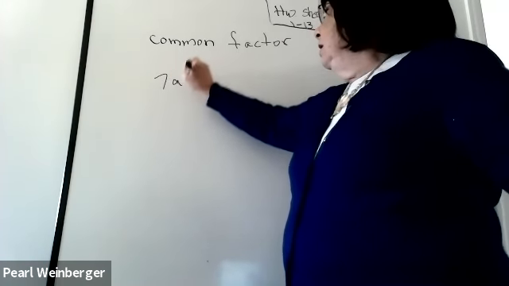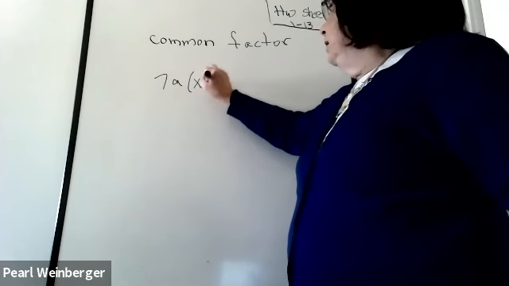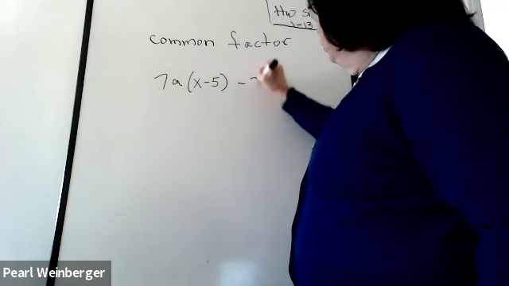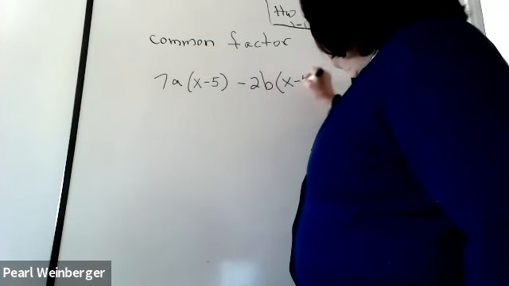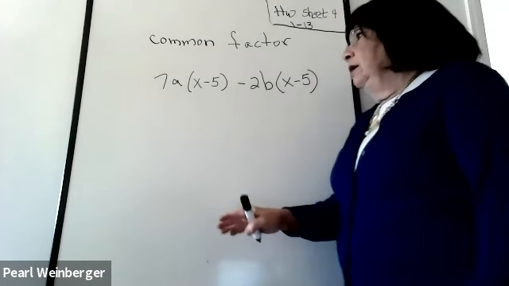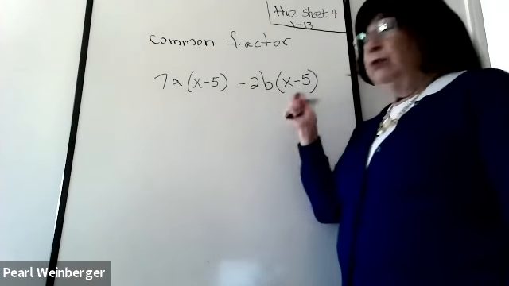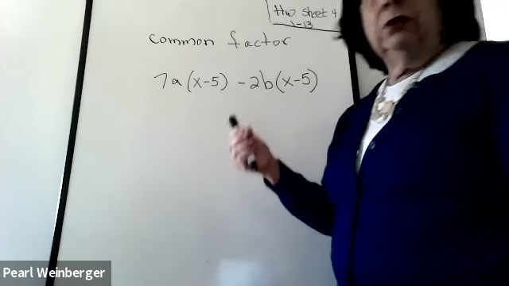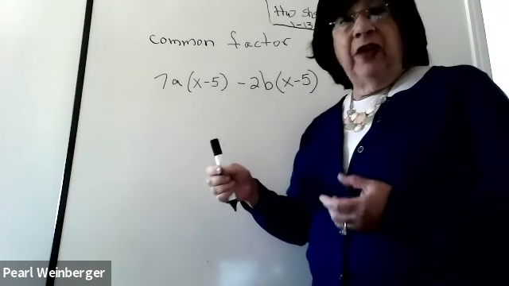7a times (x minus 5) minus 2b times (x minus 5). What we would normally do in such a case would be to try and remove the parentheses. But if we want to factor, what we sometimes look for is a common factor.